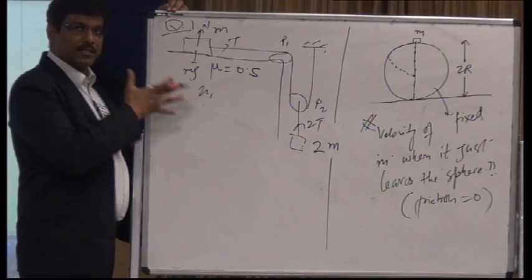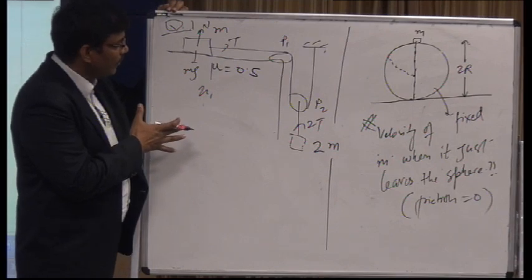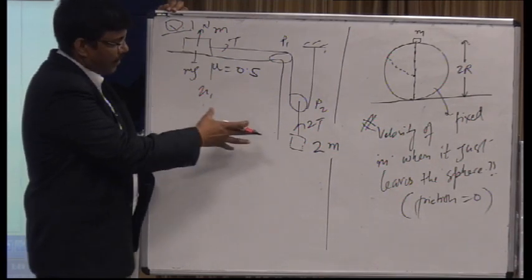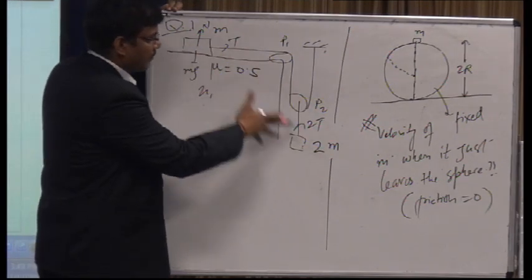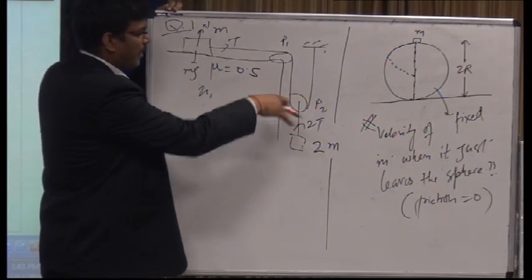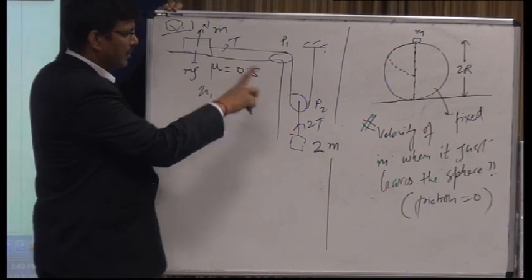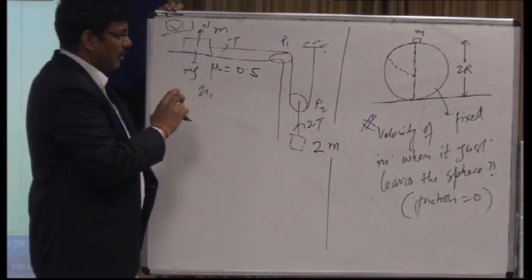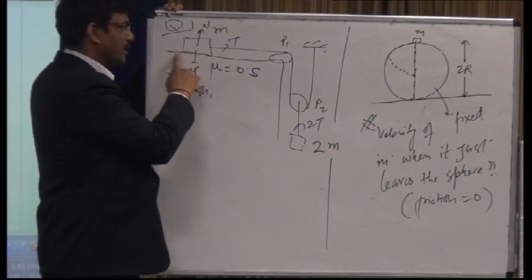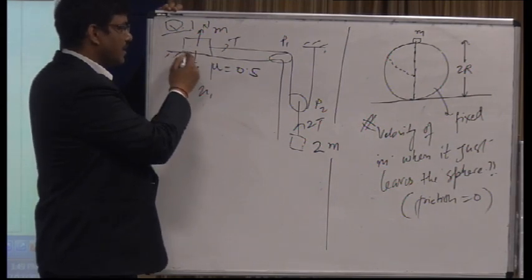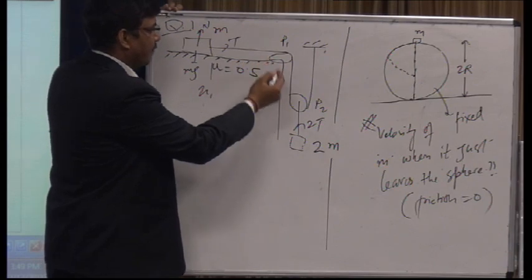The question is, there is a mass m and there is another mass 2m. They are connected by means of a thread and two pulleys. Both the pulleys are light. System is allowed to fall under gravity. There is a coefficient of friction between this surface and this mass, which is given as 0.5.